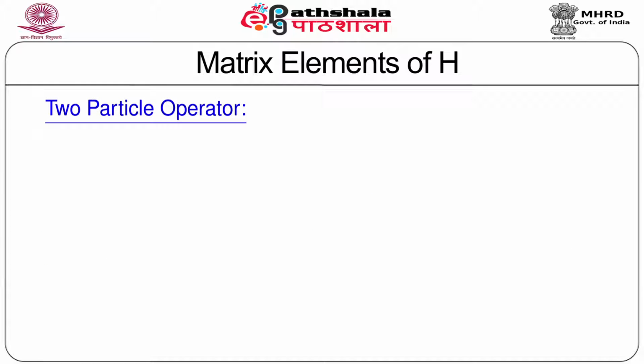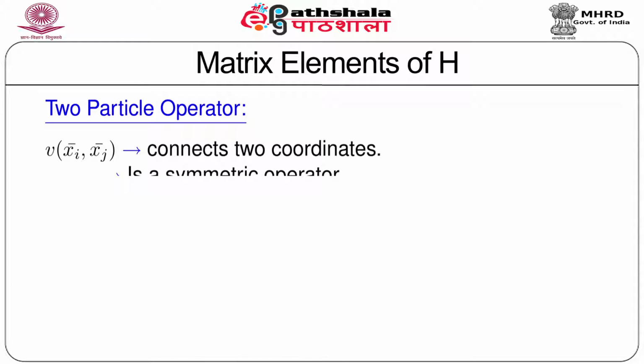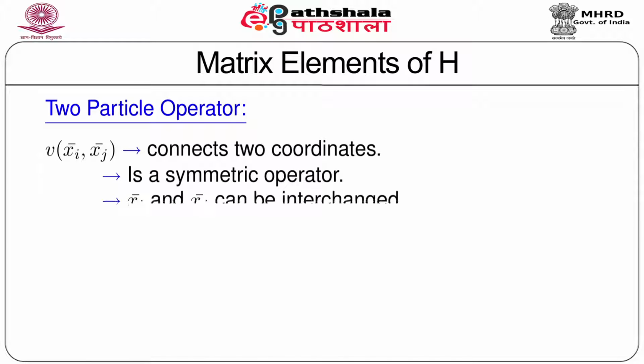The two particle operator and its matrix element can be deduced in a very similar manner. We note that this two particle operator connects two coordinates, and it's a symmetric operator because it remains unchanged if you interchange xi and xj.